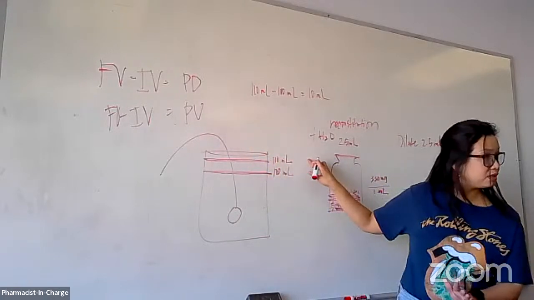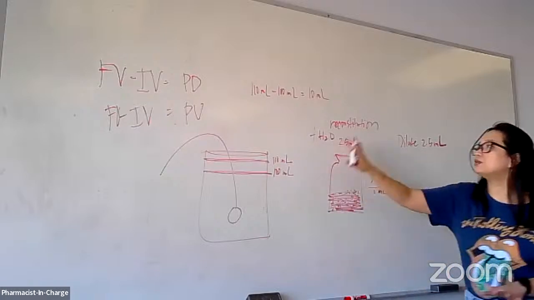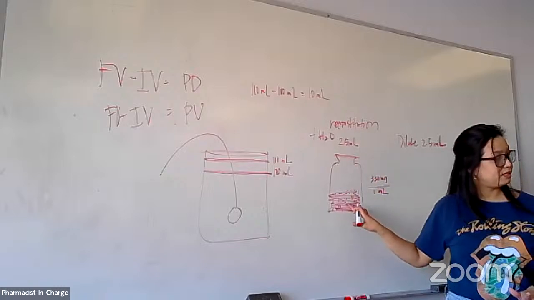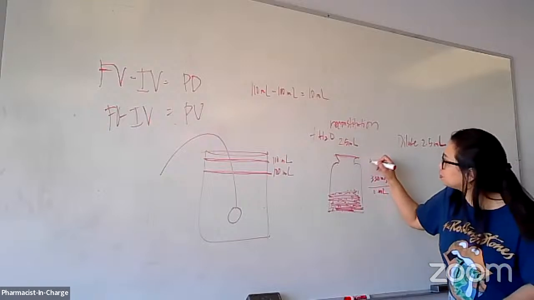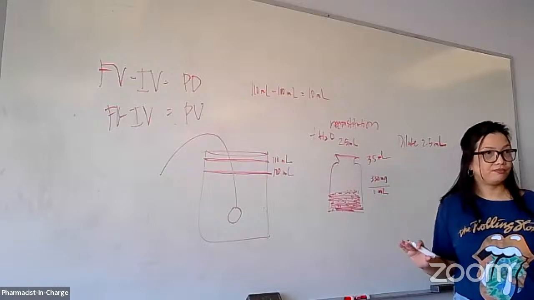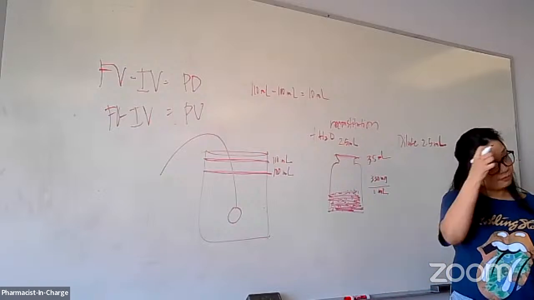the final volume minus initial volume. Say for example, you added 2.5 ml of water here, but this one became 3.5 ml total volume. What is the powder displacement of the yellow powder?